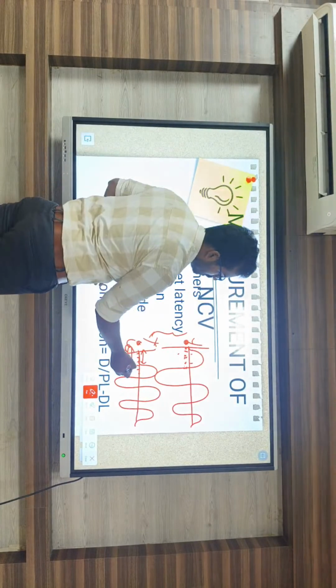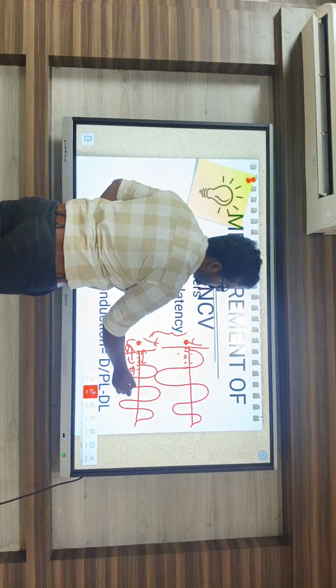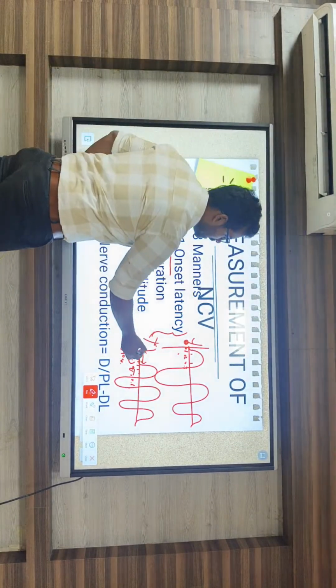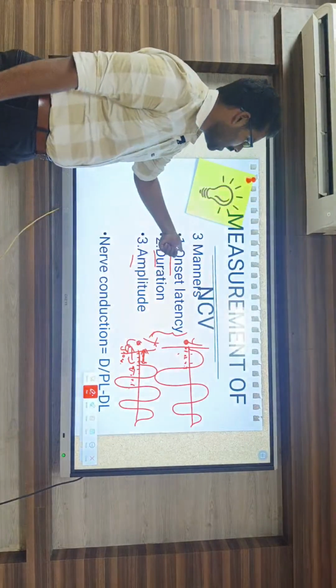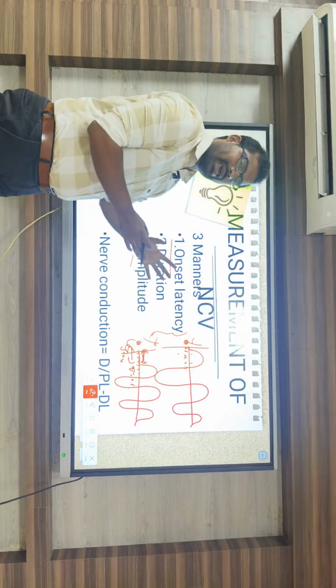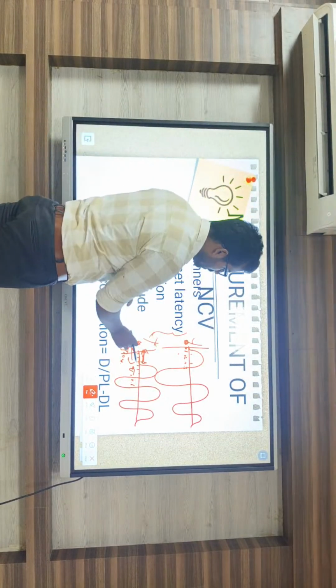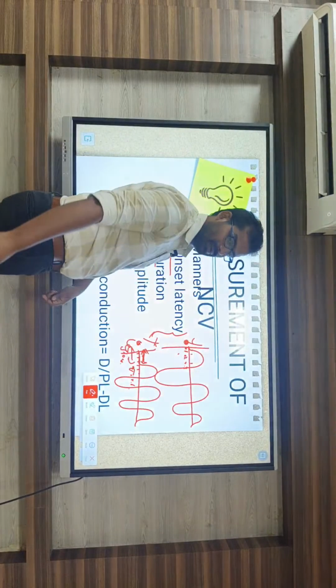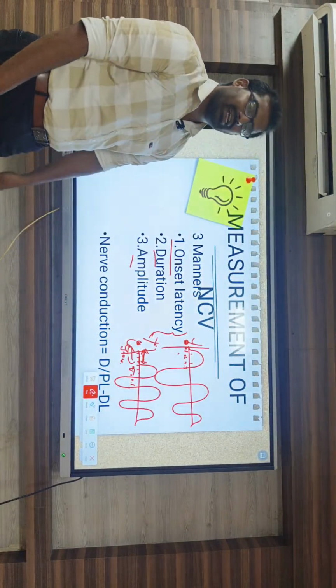Okay, that may be 0.5 or 0.6 level. That depends upon the size of the lesion. So these periods are known as the onset latency period. Latency periods are nothing but the gap between the point of increasing the intensity knob and the muscle contraction period. That is the latency period.